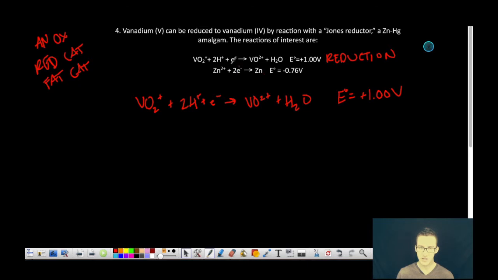The second reaction we're going to reverse so that it represents the oxidation half reaction. Remember, your reduction potential becomes the oxidation potential by simply reversing the sign.